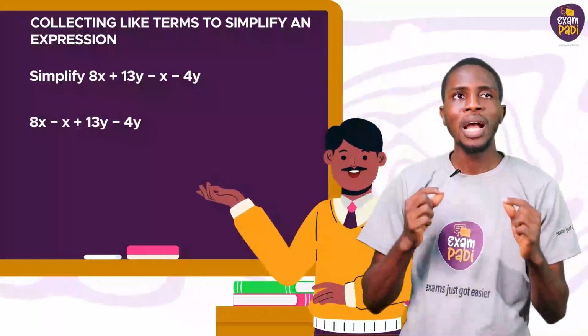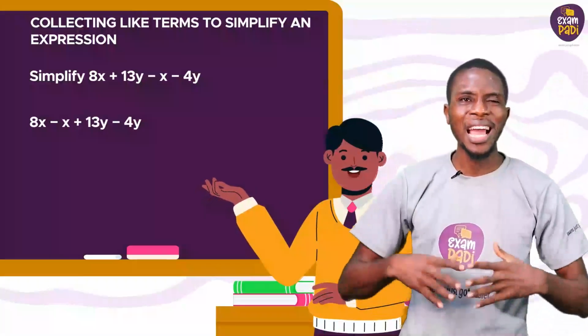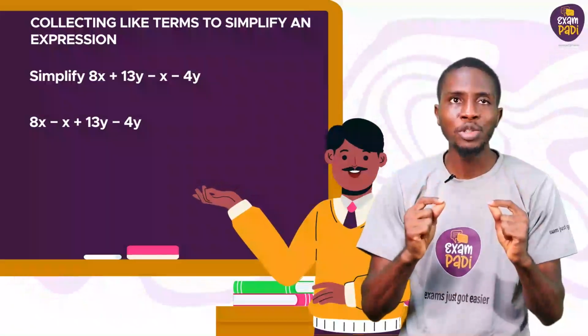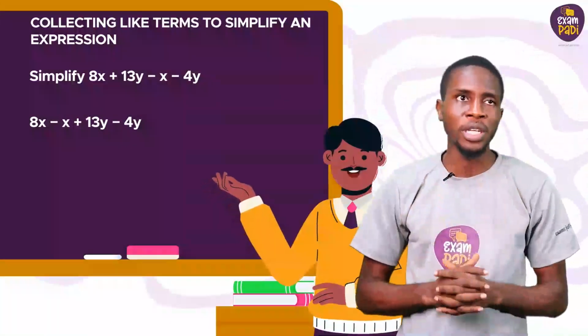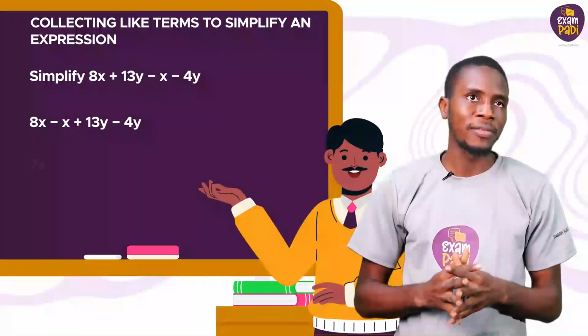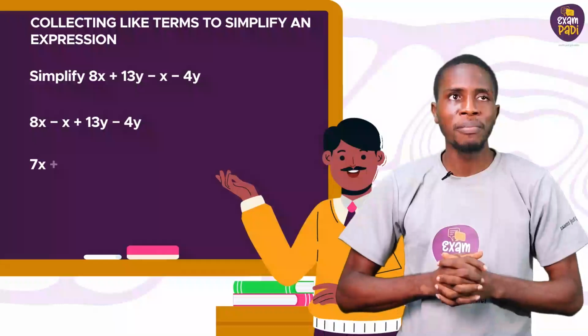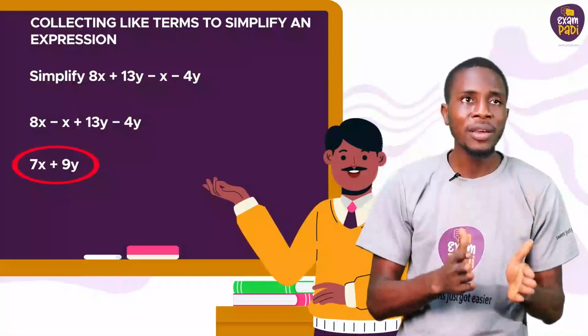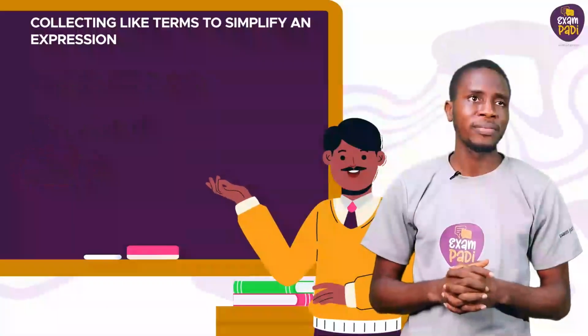Step 2. Add or subtract the like terms and give the simplified expression. Pay special attention to the signs of the coefficients. 8x minus x gives 7x. 13y minus 4y gives us 9y. Therefore, we have 7x plus 9y.